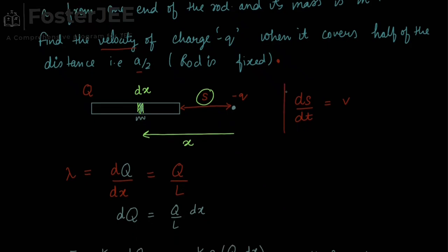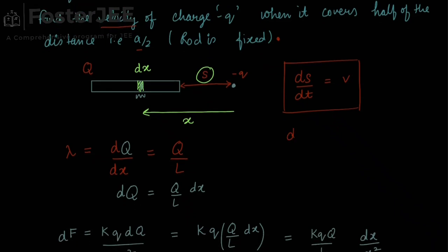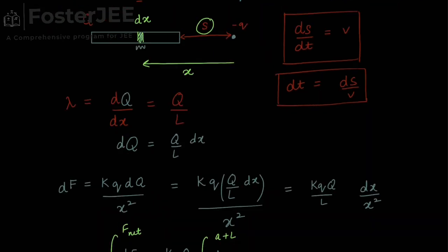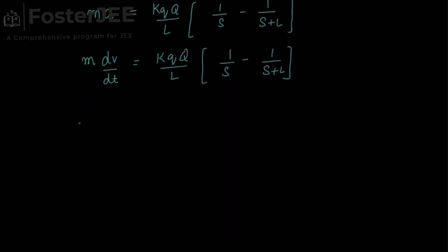So it's clear that the velocity of charge is ds by dt, and from this equation we can get dt equals ds by v. Putting this value in our equation, we get m v dv by ds equals KQq by L, 1 by S minus 1 by S plus L.